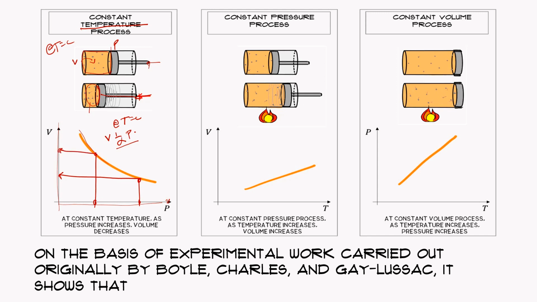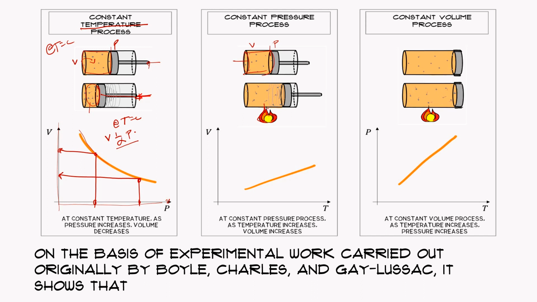Okay, another scientist experimented on the same gas, but maintained a constant pressure rather than a constant temperature. So at these conditions we have this volume, and we also have the pressure here. What will happen if we add heat to this gas?